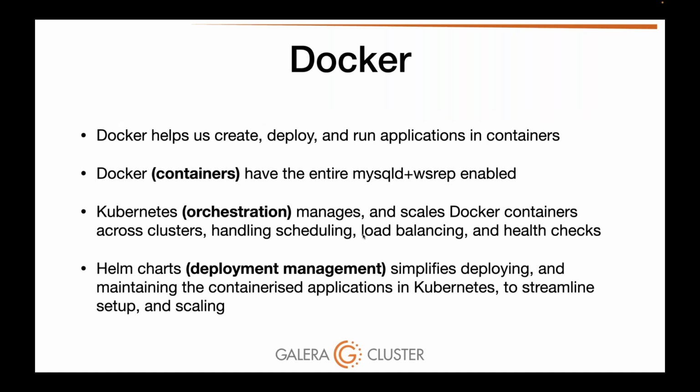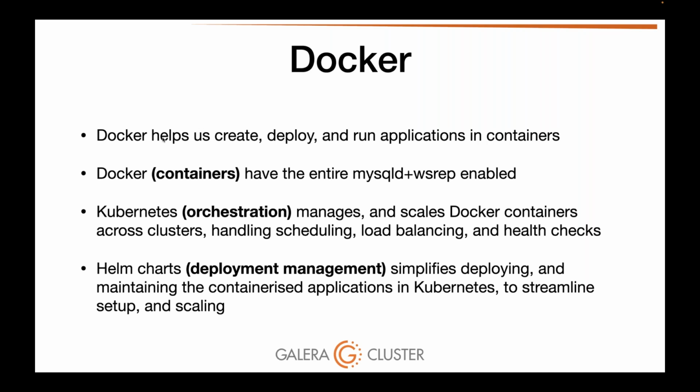And the whole magic sauce of all of this is actually the fact that we have these Docker images, and we use these Docker images that will help us create, deploy, and run applications in containers. So we basically have a Docker container with the entire MySQL with right-set replication, which is Galera enabled. It's a very minimal installation.